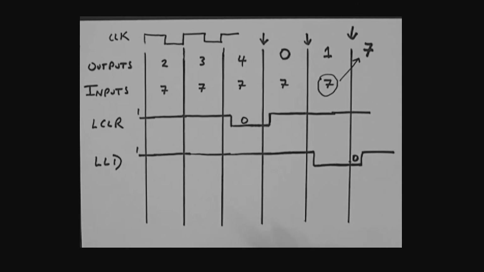And remember, the carry out only occurs when the counter has what? In the case of this 4-bit counter, the outputs have to be 1, 1, 1, 1, or decimal 15. That's the only time you get the carry out. So could you imagine how you might use that as a timeout function?